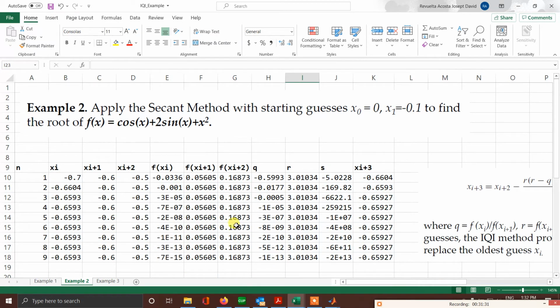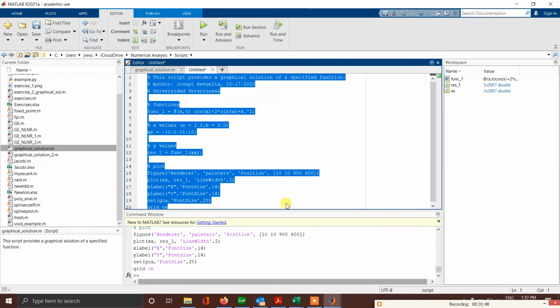You already saw this one because you have the graphical solution. Then I ran it, and I got this one.